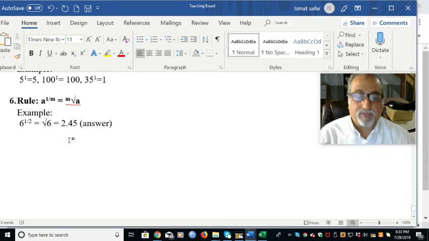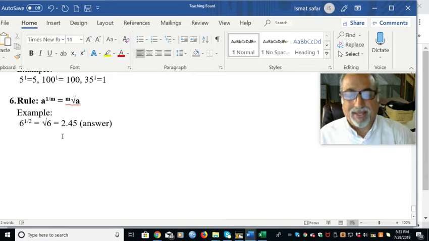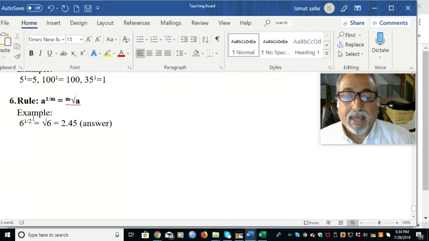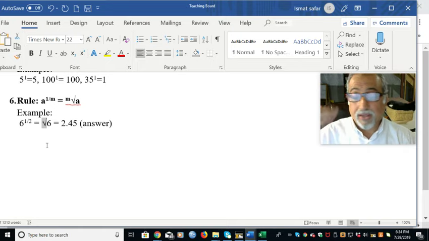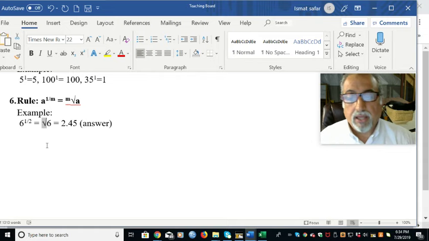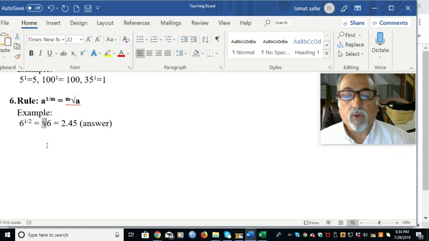What does that mean? Let's explain a little bit. When you see the square root symbol like this, you can have a third root, a fourth root, a 100th root, it depends, and we will talk about that.